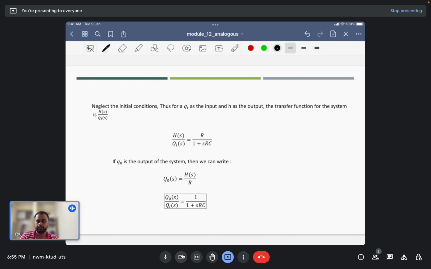Again we take the transfer function: H(s) by Qi(s) is equal to R upon 1 plus sRC, and the output of the system will become H(s) by R. So Q output by Q input gives us the final transfer function, equal to 1 upon 1 plus sRC.